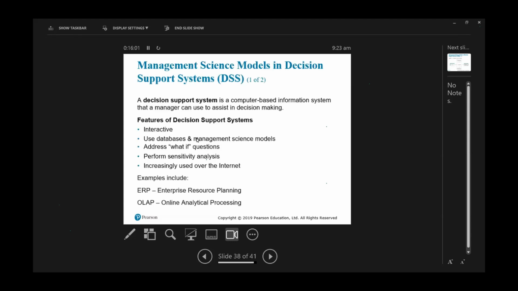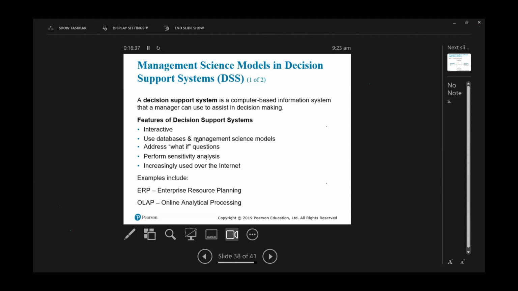Now, when we talk about a decision support system, we are basically referring to a computer-based information system. And having done business information systems, I think that you should know decision support systems, because I'm sure that you came across ERP, Oracle, OLAP, among others. These are decision support systems. And their key features are that one, they are interactive.